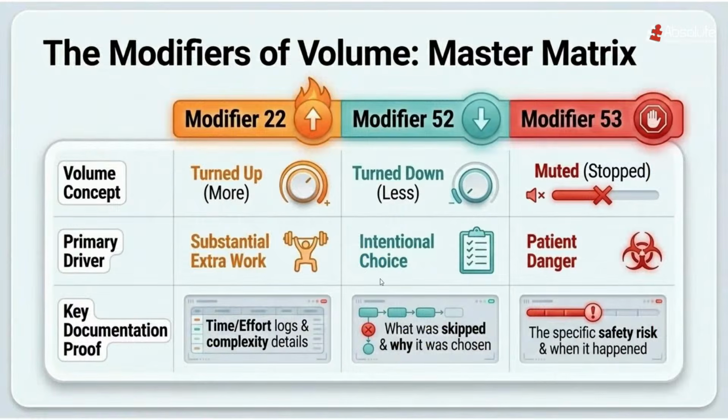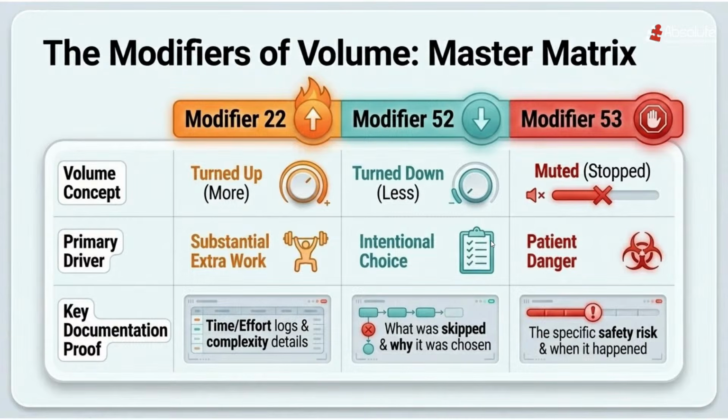All right. So basically, modifier 22, more. It's turned up. Substantial work. Modifier 52 turned down. Intentional choice to kind of turn it down. The doctor says, hey, I'm going to skip this or I'm going to do less. And modifier 53, that means it stopped in the process or somewhere in the process, but the doctor really didn't do much or anything.